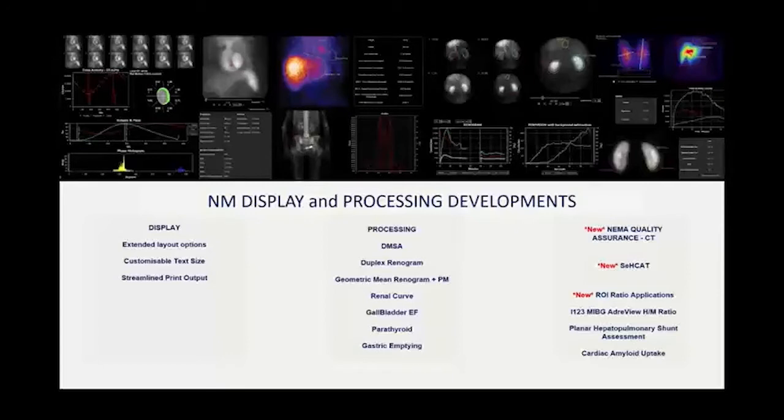That includes the CT quality assurance program in line with the NEMA guidelines. There is a lovely new CCAT application, which I know is top of the wish list for a lot of you. And we've also got a nice new ROI ratio application for you to use. So let's take a look.